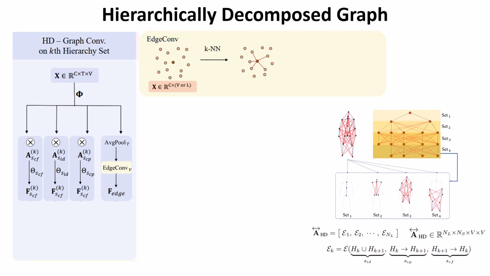How should this KNN work? Well, as the input we have, for example, 17 different joints. Each joint is represented by a C-dimensional vector. So we have 17 different vectors, and we can use the similarities between these vectors to create connections.